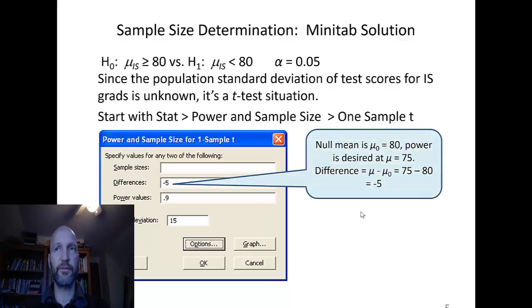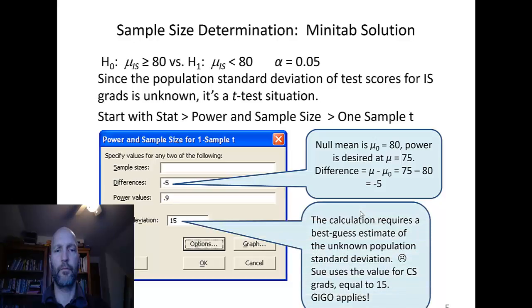For differences, what we need is the difference between the null hypothesized mean of 80 and the true mean of 75. And Minitab doesn't care what the null hypothesis value is or what the true value is. It just wants to know the difference. So put in the difference, mu minus mu 0, always in that order, into differences. And the power is given to us in the problem. That's what they want.